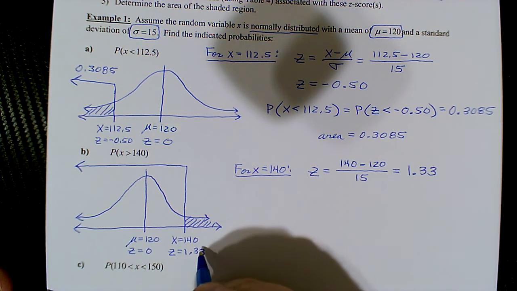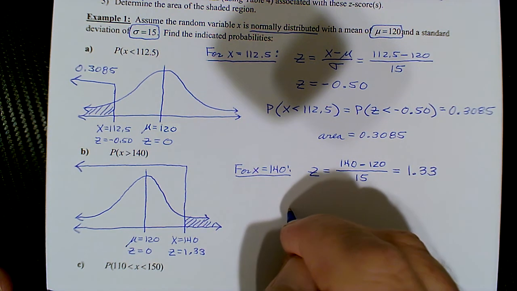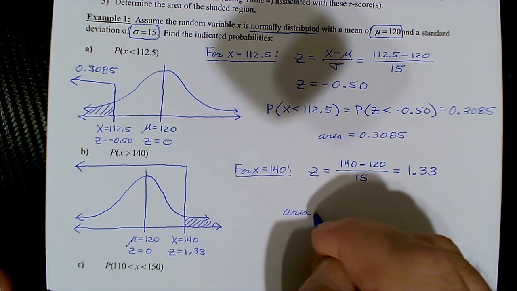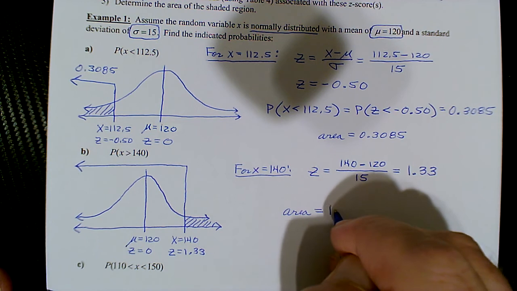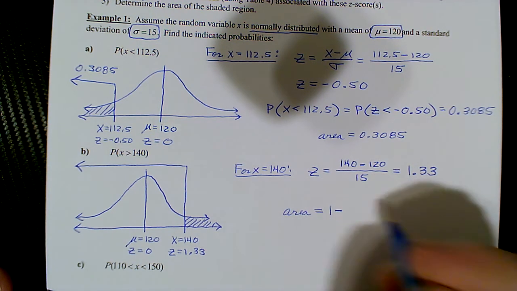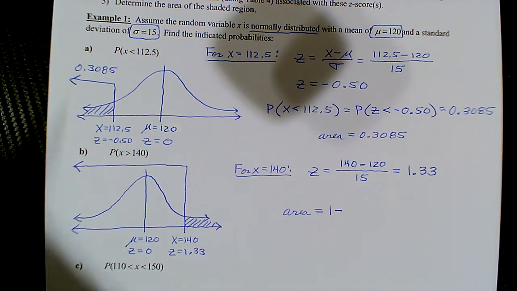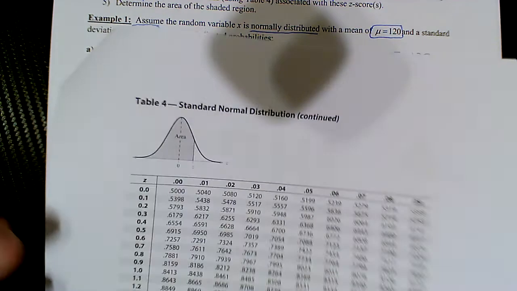So now we've standardized. And now the area or the probability that we're looking for is going to be 1 minus, because we're looking for the area to the right. So 1 minus, oops, I have to look up the area first. So looking up 1.33, this will be the last time I go to table 4, because I have to assume that you're comfortable with using it.